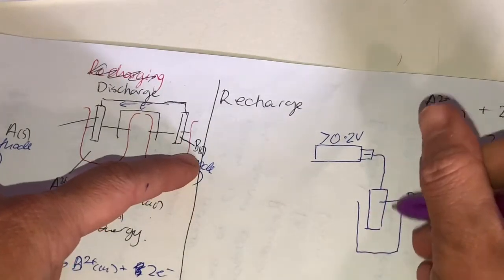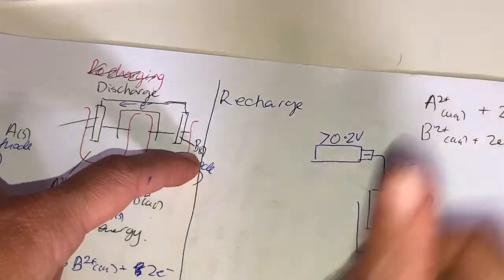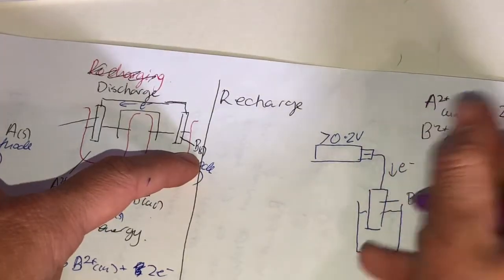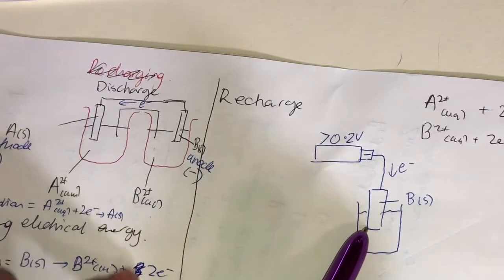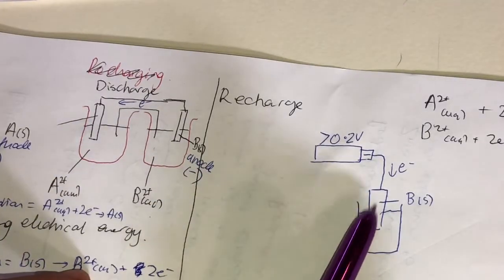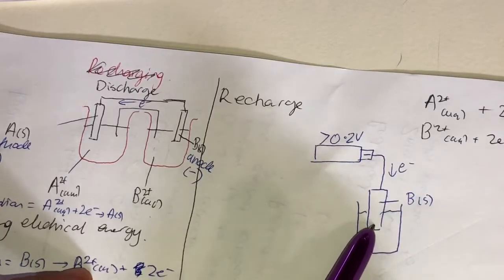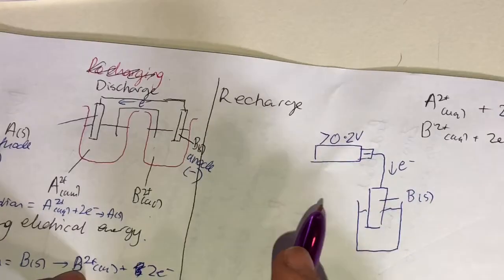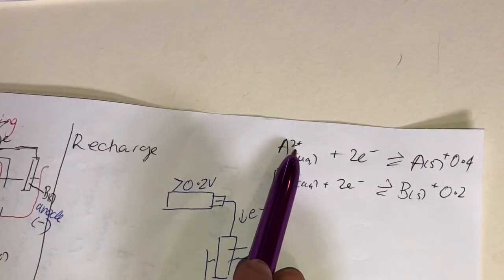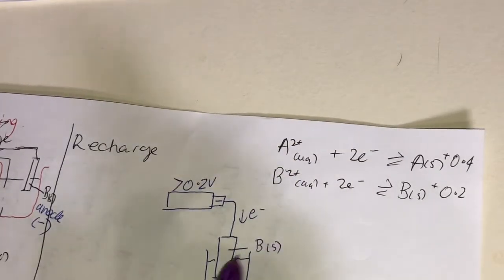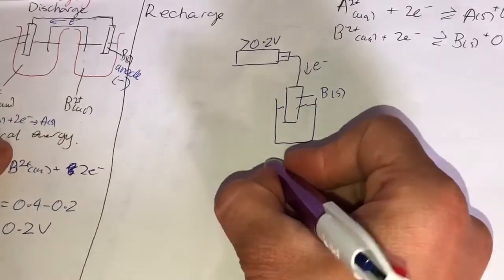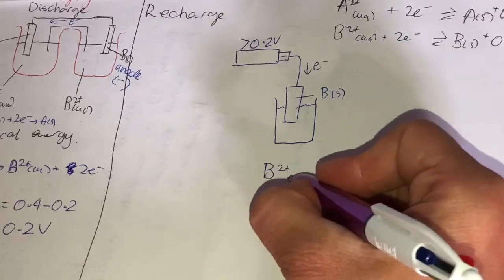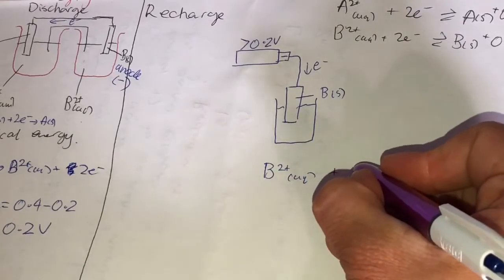And that will force electrons to this electrode. And as a result, those electrons will be accepted by the strongest oxidant present. And because there's no A2+ present in that half cell, you only have B2+, you'll actually have the reduction of B2+.